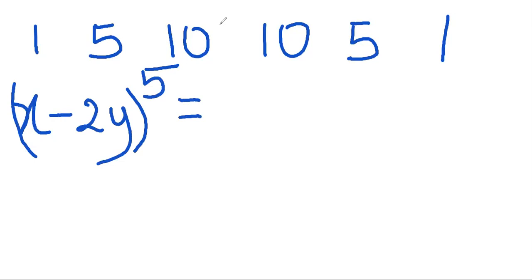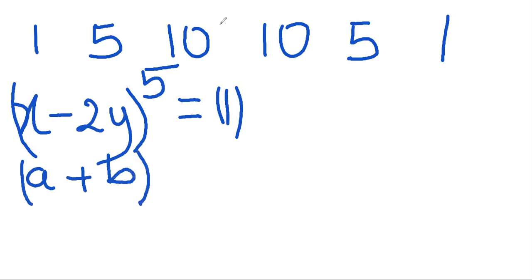The first thing is your first coefficient is 1. Then, like I said in the last class, you have to put x minus 2y in the form of a plus b. So a is going to be equal to x, and b is going to be equal to minus 2y.